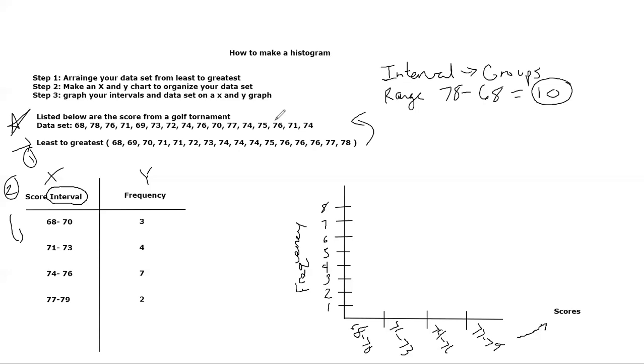Think of the X and Y as kind of like a drawer. The score interval is a drawer, and if you have drawers in your house, you know that the actual cubbies are the same size. Each size of the drawer is the same. However, the amount of things you put in each drawer is different. That's what the frequency is.